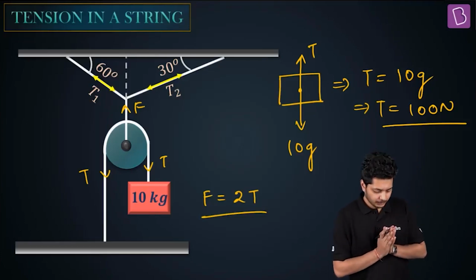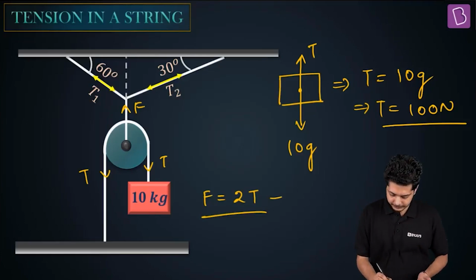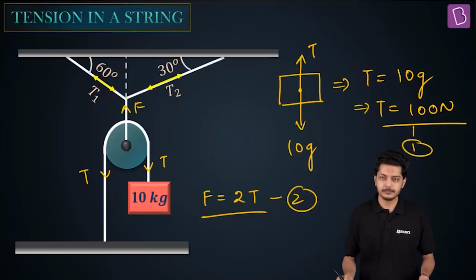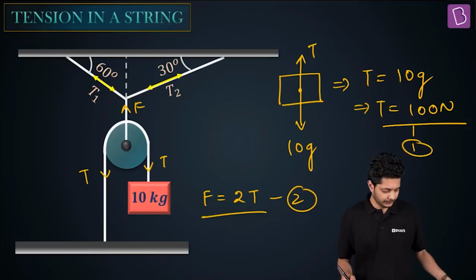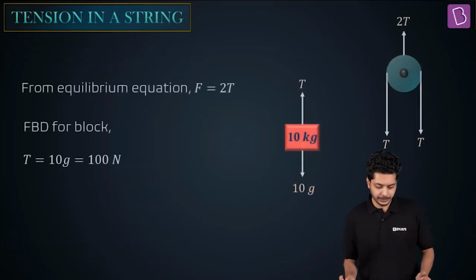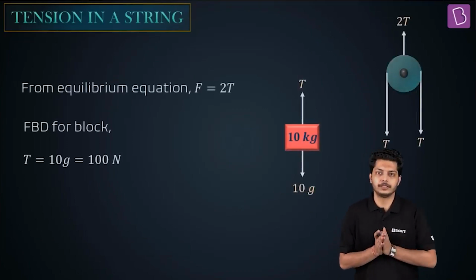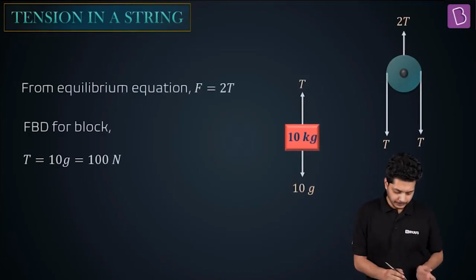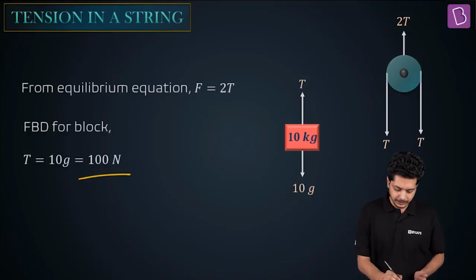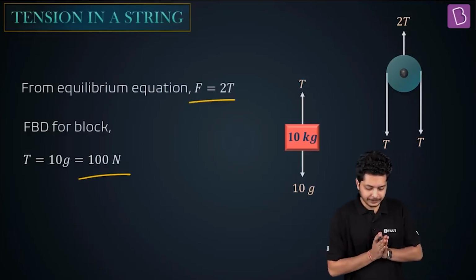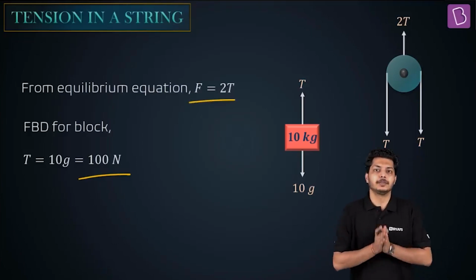So F is equal to 2T. Let's say this is the second equation and the first is this equation. So we have got two things. Tension we have assumed as T in this rope from which the block is hanging, and the magnitude is 100 Newton. And another equation we have got is F is equal to 2T, and F is nothing but the tension in one of the ropes. All right.